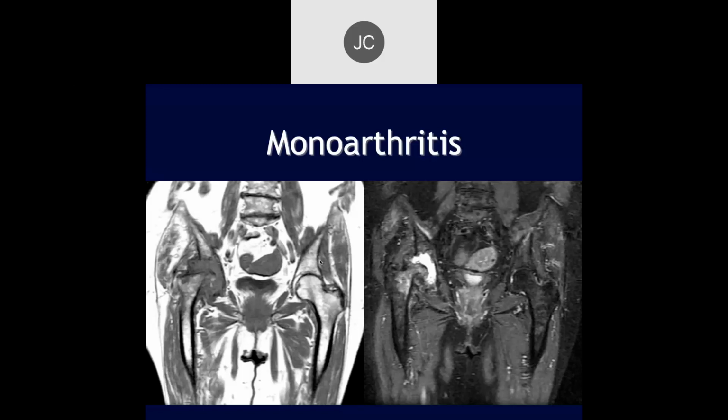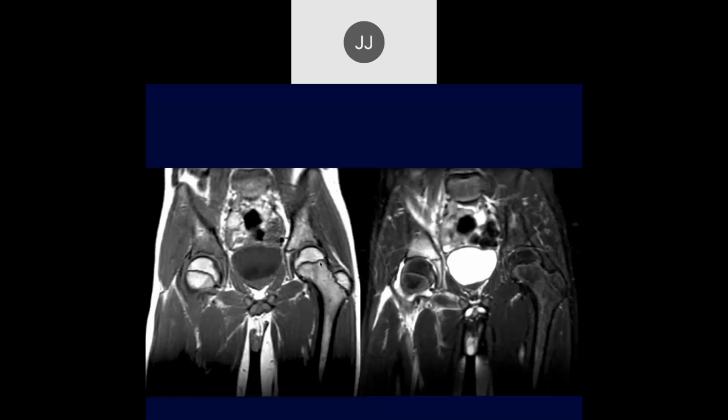So always think of infection first. And then, I don't know the history in this particular patient, but you'd also have to think about prior trauma, but this was probably a prior infection. Something old about that because there's muscle atrophy.